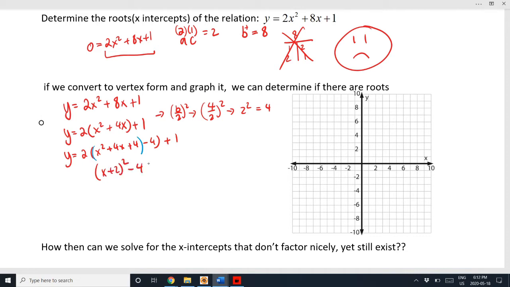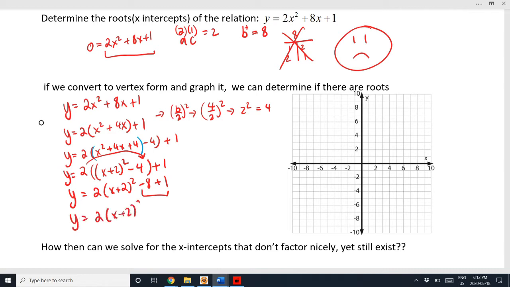We still have the negative 4 within this bracket, and we have this 2 on the outside. So we just want to multiply this 2 into this negative 4 here. So we'll get y is equal to 2 bracket x plus 2 squared minus 8 plus 1. And we just have to add these last two terms. y is equal to 2 bracket x plus 2 squared minus 7.